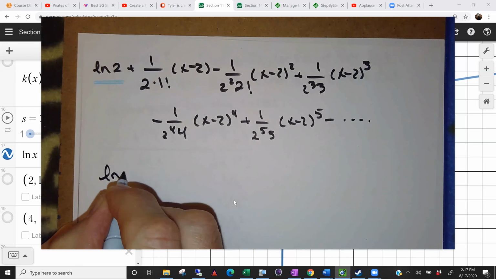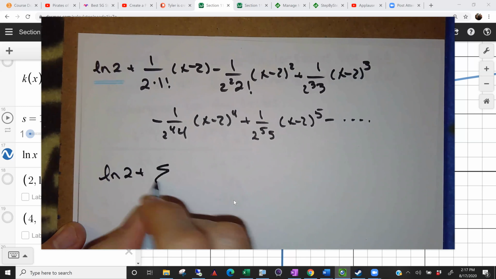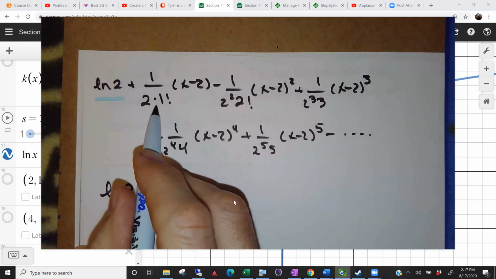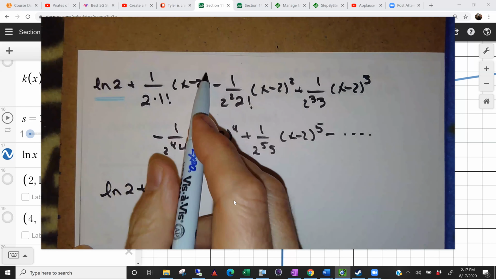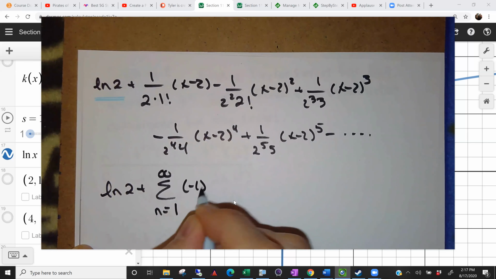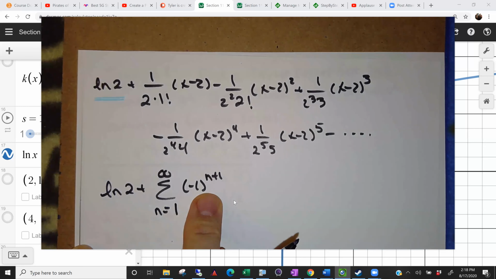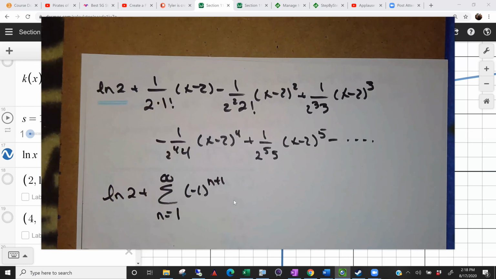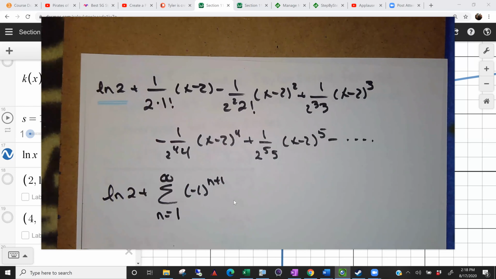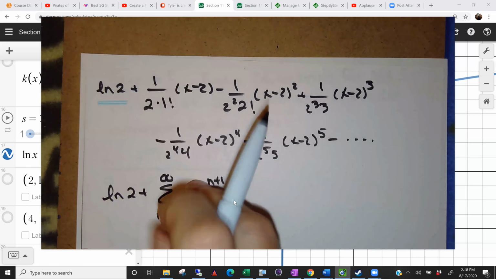So it's going to be ln of 2 plus the sum from n equals, well, let's start our series at 1 since I got a 1 here and a 1 here. 1 to infinity, -1 to the n plus 1. If I put an n plus 1 here, is my first term going to be positive or negative? Does it match? Sign. 1 plus 1 is 2, -1 squared is going to be positive. So those two match. So we're good there.